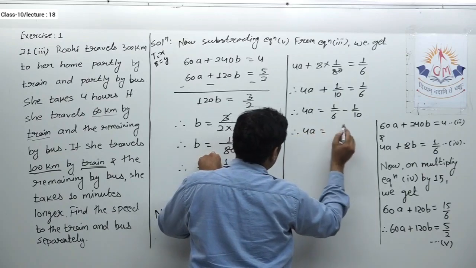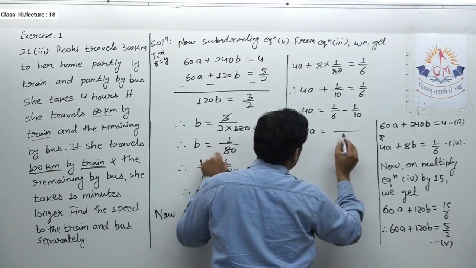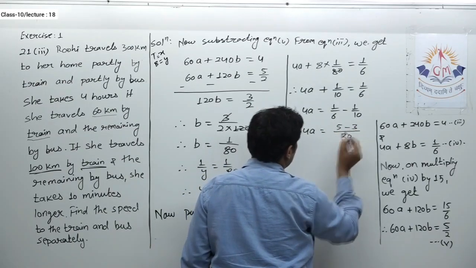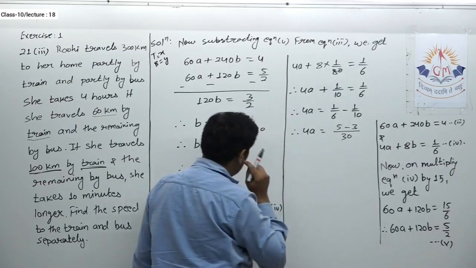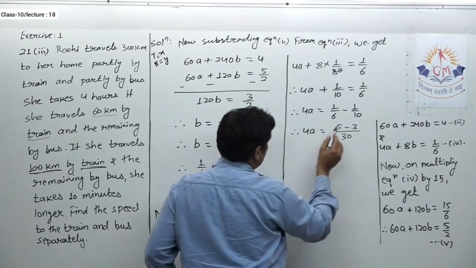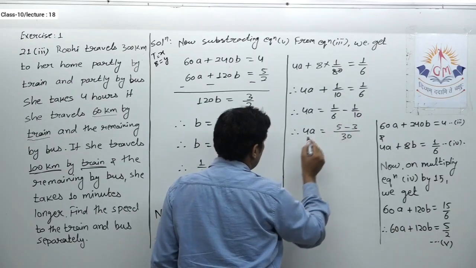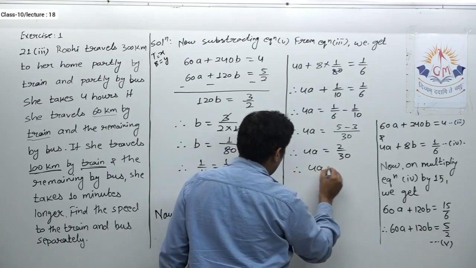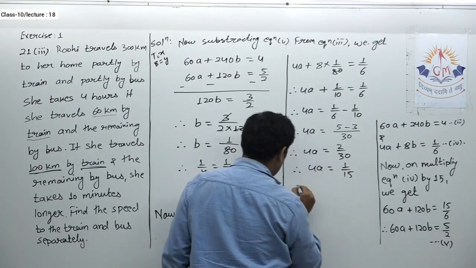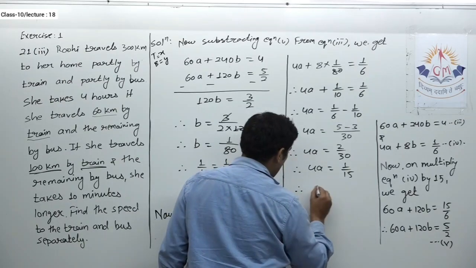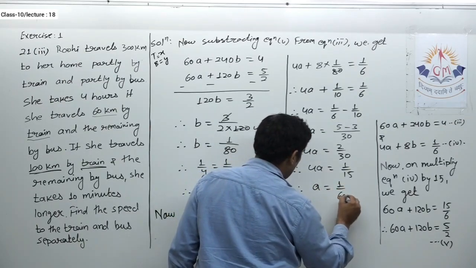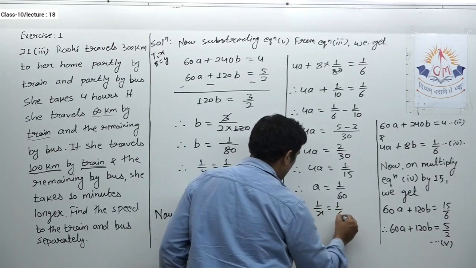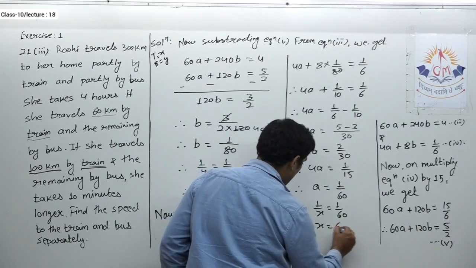Here if I take LCM, it will be 30. 4A is equal to 2 upon 30. 4A is equal to 1 upon 15. A is equal to 1 upon 60. Now what was A? It was 1 upon X, which is equal to 1 upon 60. Therefore X is equal to 60.